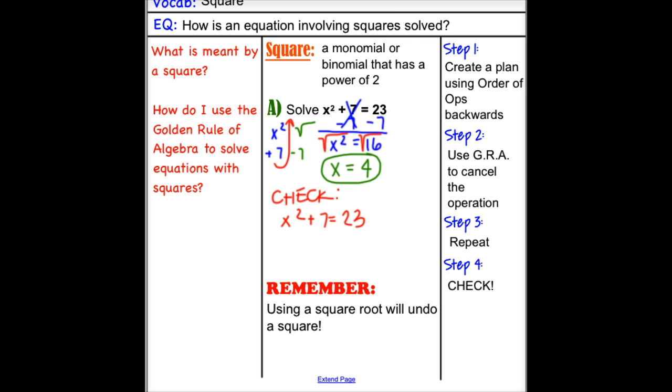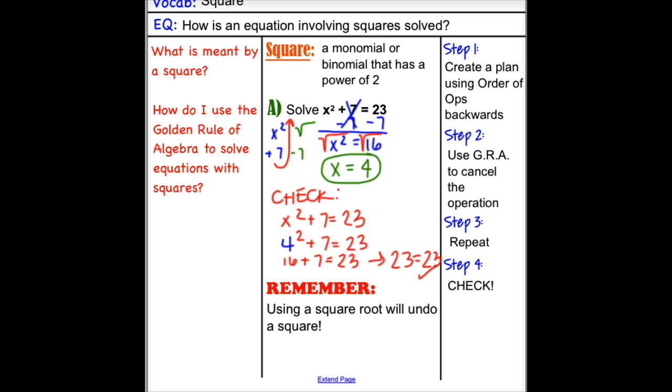Our second step is to substitute our number in for x, and then we simplify. 4 squared is 16, plus 7 should equal 23. And in fact, 16 plus 7 does equal 23. So 23 equals 23, and we're checked off.